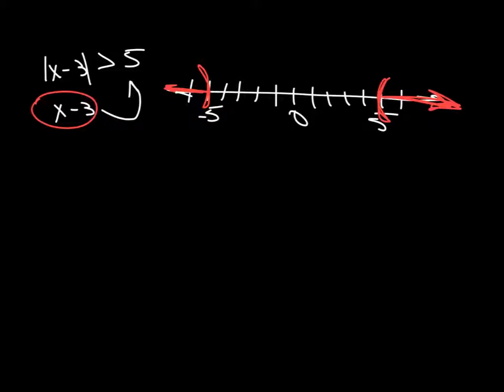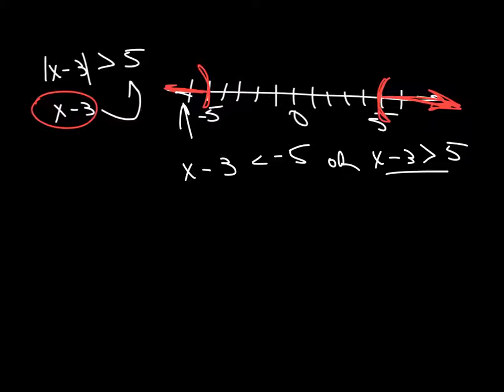Alright, so my answer is x minus 3 is less than negative 5, which is from here, or x minus 3 is greater than positive 5. Those are my two possible answers here.